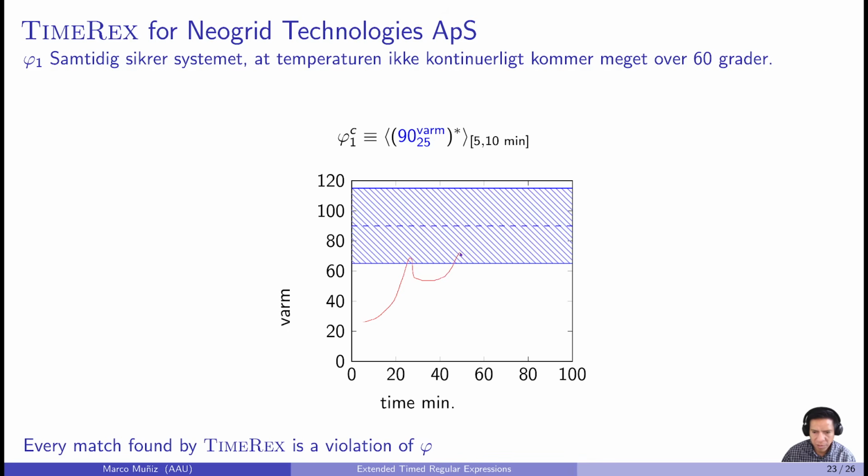This is fine, but if it stays long enough, then it would be a violation to our system. In this way, we can encode this property. And this is kind of easy.